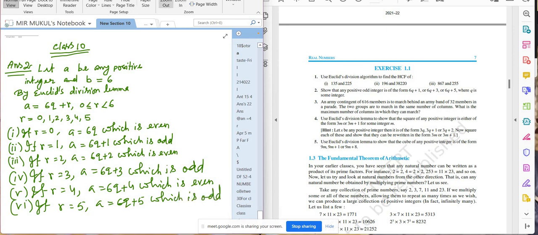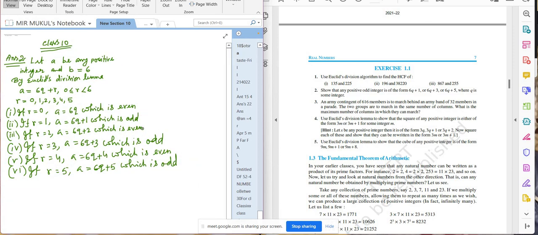Now, what is the form of an odd number? We got odd numbers here, here and here. That means these three are the odd forms of numbers if you divide any positive integer by 6. So the question was: show that any positive odd integer is of the form 6q plus 1, 6q plus 3, 6q plus 5.